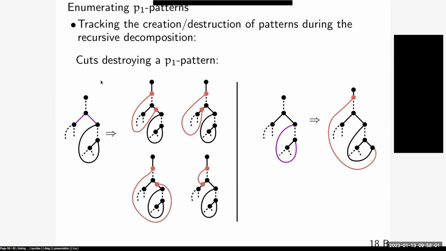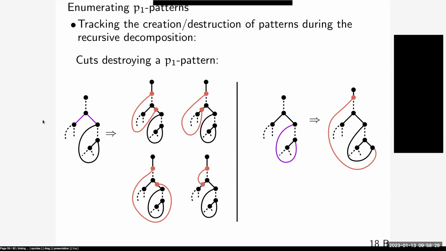And so, for example, if I have a P1 pattern, which visually you can see here on the left, either I cut on these 2 purple edges I show you here highlighted, which destroy the pattern, or I cut on these other purple edges we have here on the right. So these purple edges are exactly the 3 cases where cutting destroys a P1 pattern, right?